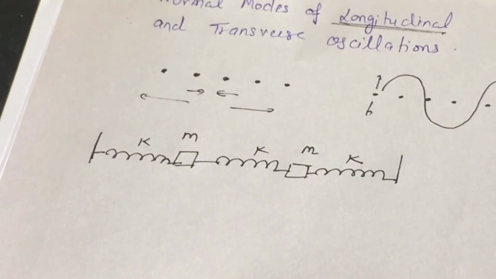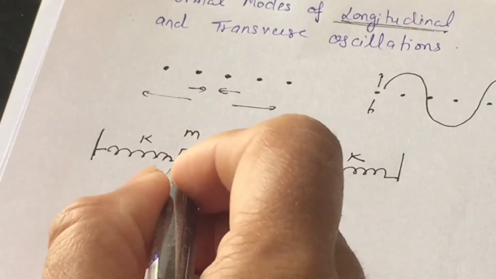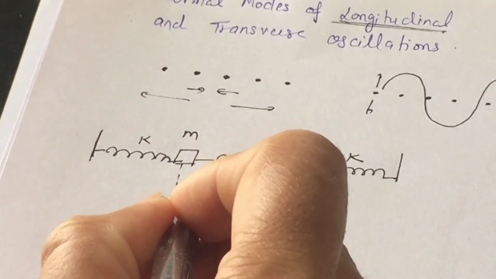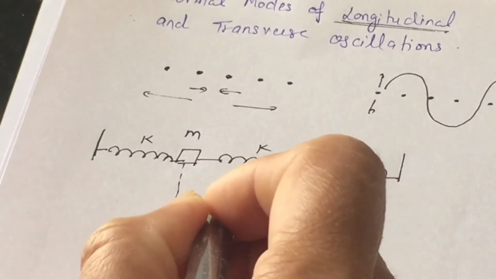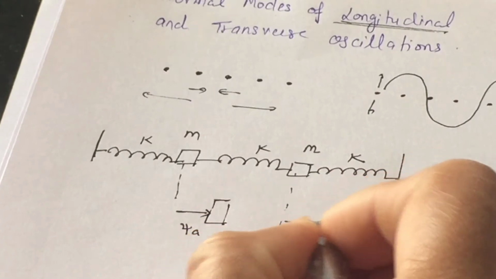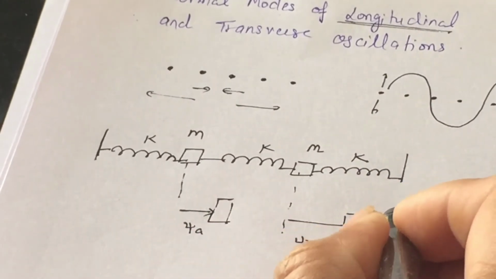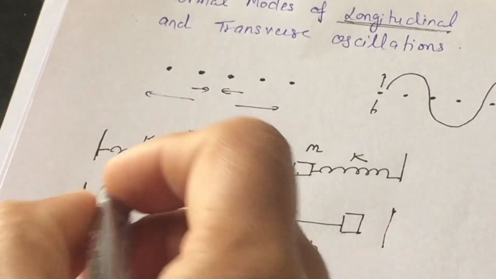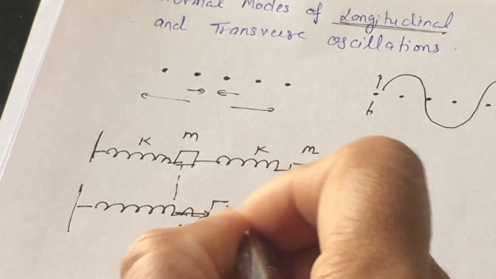the same spring constant. If they are displaced from the mean position, let us consider the first mass is displaced with a displacement of psi a, and the second mass is displaced with a displacement of psi b, then the system is shifted like that.